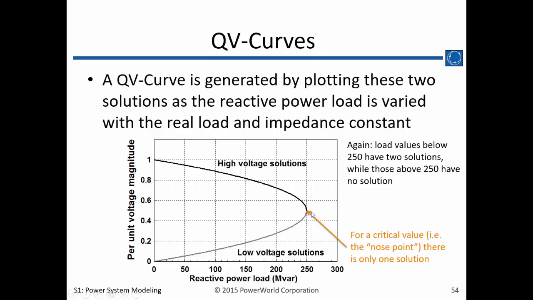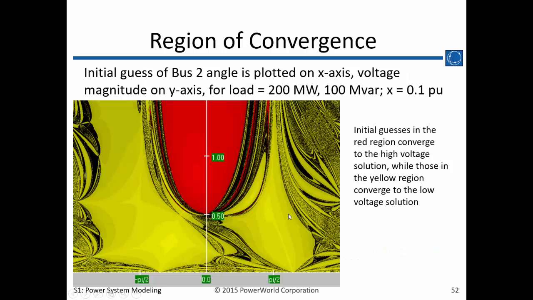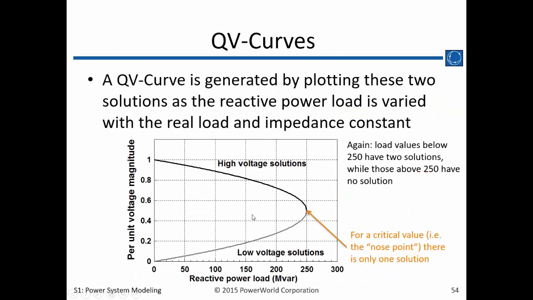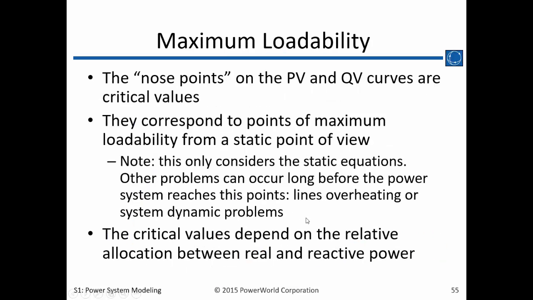Any value of megavars greater than 250, you would have no solution, and your critical value is at 250 here, which is your nose point with only one solution. So this is just kind of plotting what your curve would look like if you resolve this set of equations over and over again, varying your starting value of P or your starting value of Q, and you will get curves that look like this.